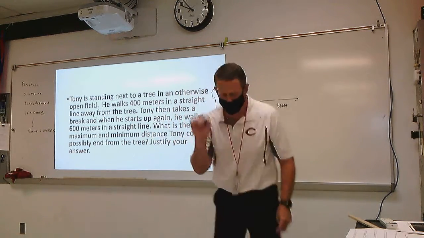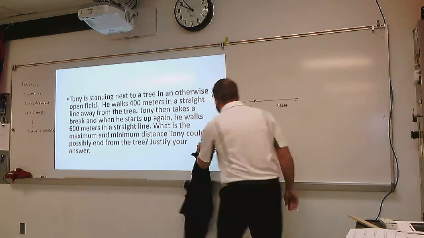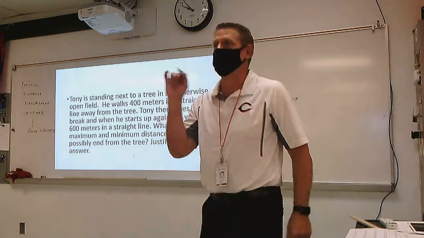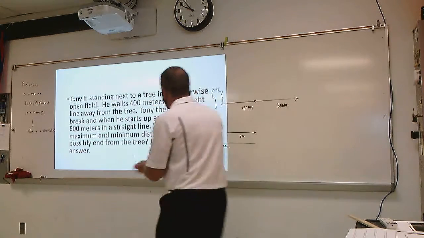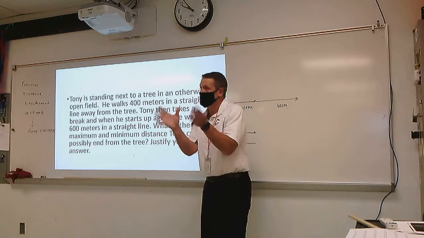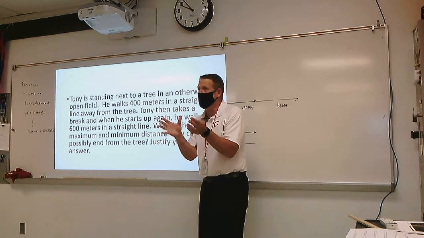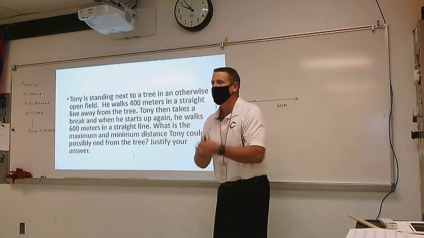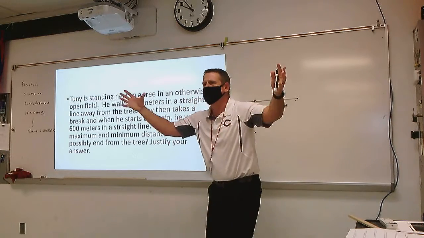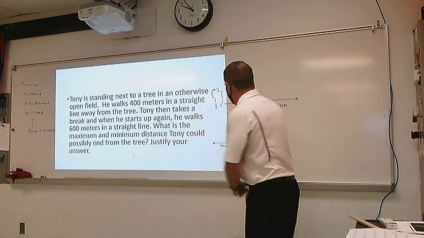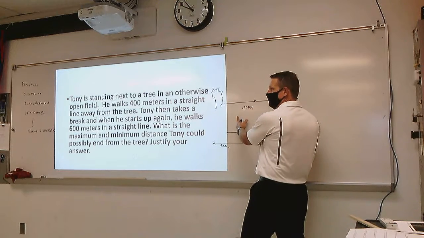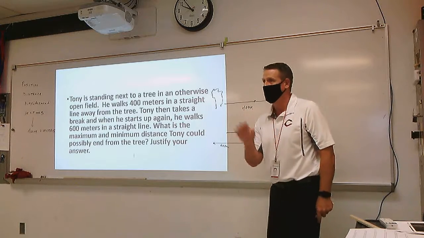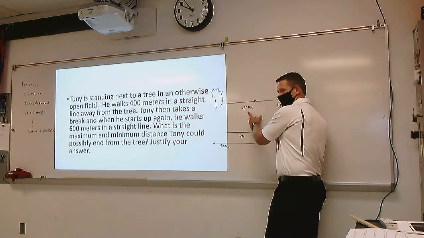And what's my overall displacement in the opposite direction? Technically, this displacement is negative 200 meters, which means our minimum distance could be 200 meters. All right? So our answers here are 1,000 meters and 200 meters. Why? Because the extremes of what Tony could do is walk in the same direction for both of his paths and walk in the opposite direction. So now, this is vector addition.